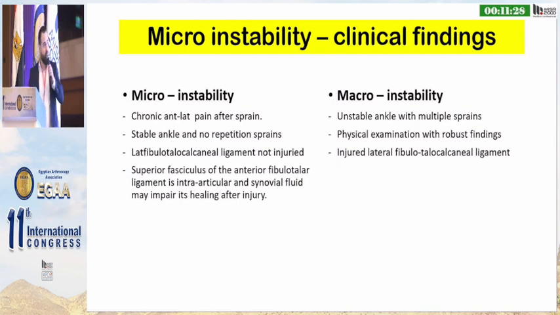Different from microinstability patients, the macroinstability patient has an unstable ankle, multiple sprains, physical examination with robust findings, and an injured calcaneofibular ligament.